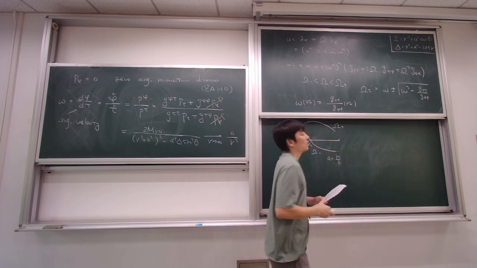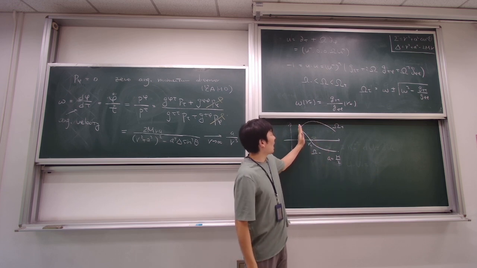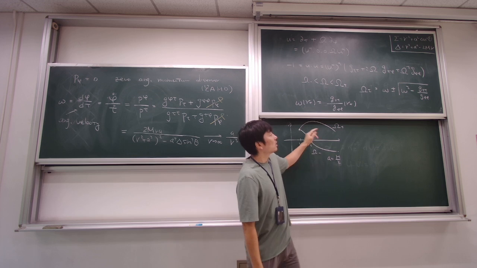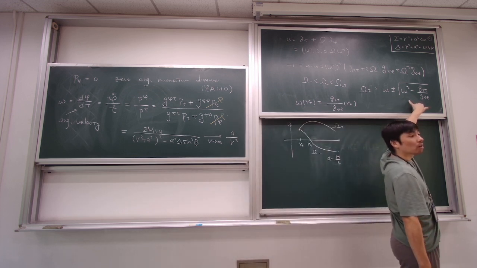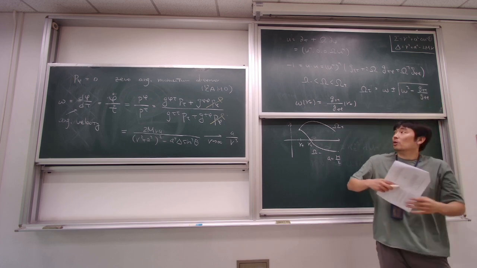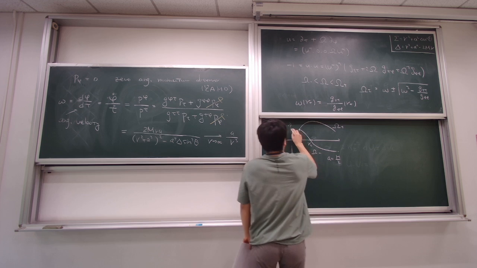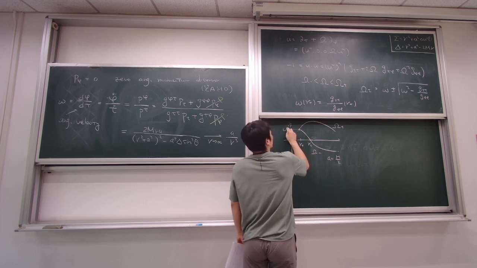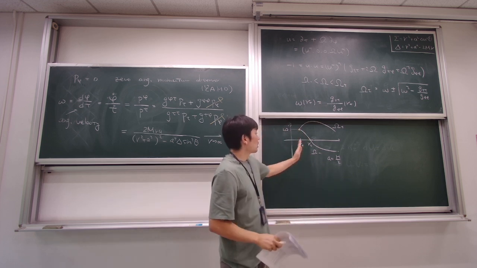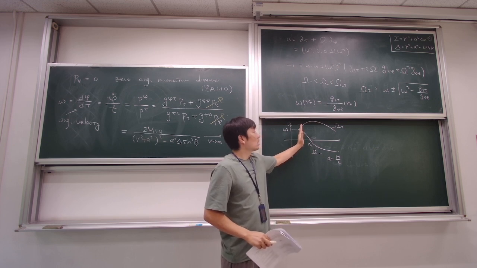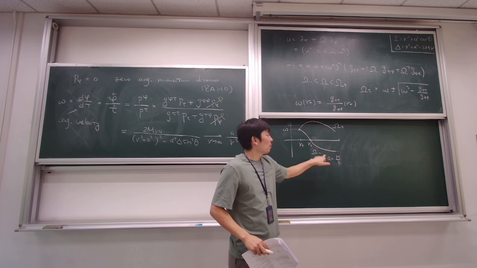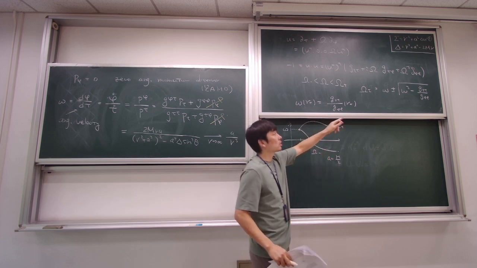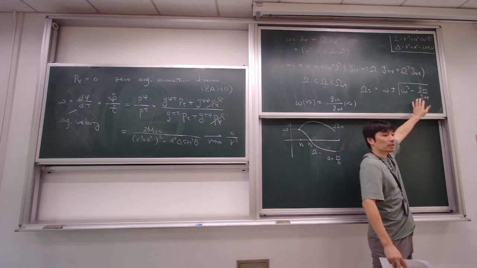At the outer horizon, this curved part will be gone because of this property. So this point is in fact equal to omega. At the outer horizon, omega plus and omega minus coincide because the square root becomes 0.